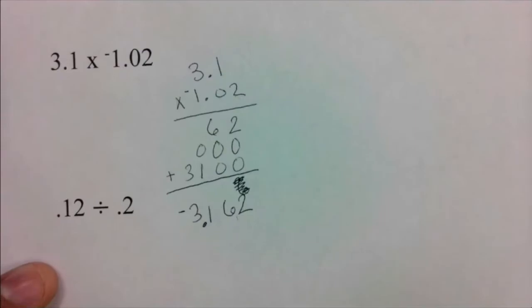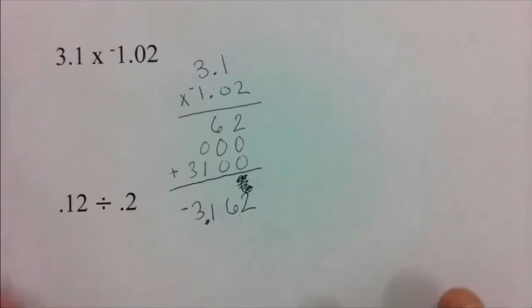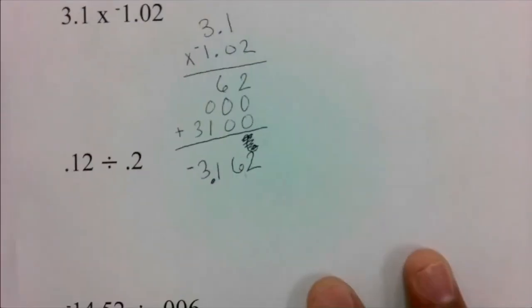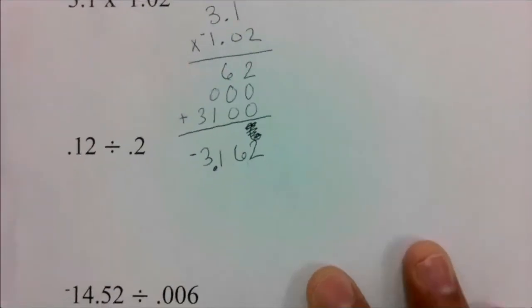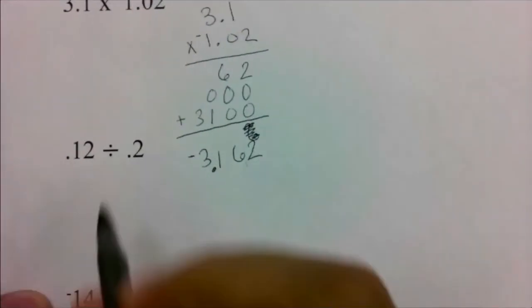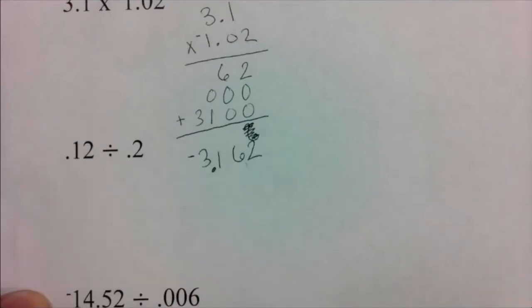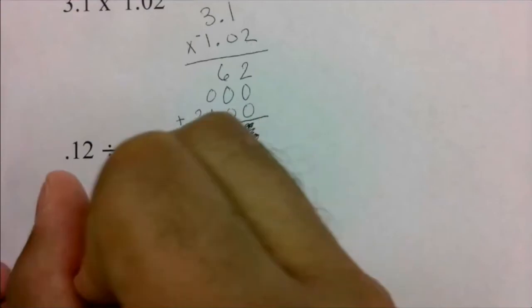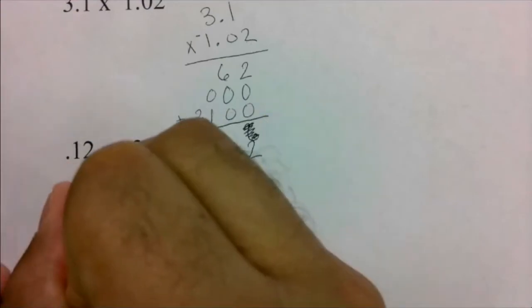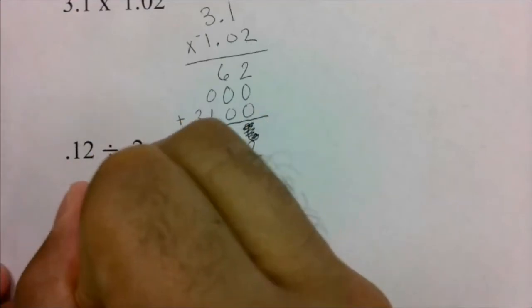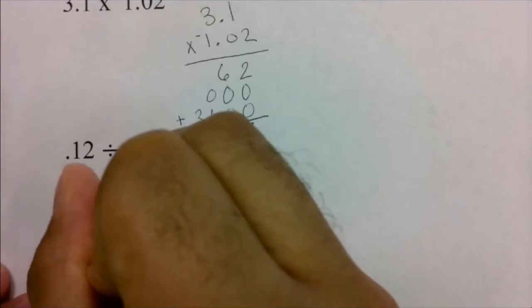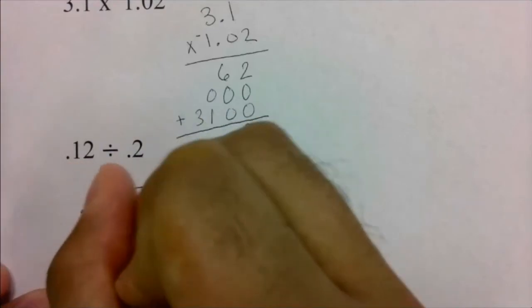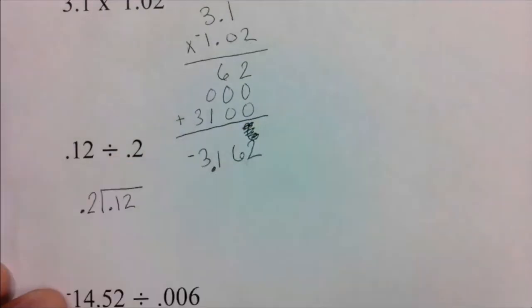All right. Now, when we divide, a little different. So here we have 0.12 divided by 0.2. How we set that up is our 0.2 divided by 0.12. All right. Now, when you're dividing, you can't divide by a decimal.